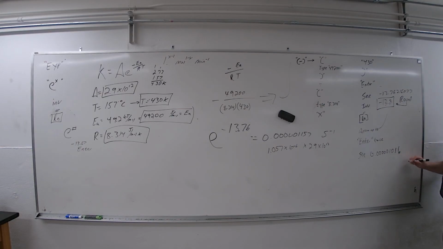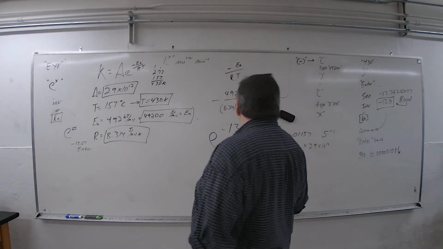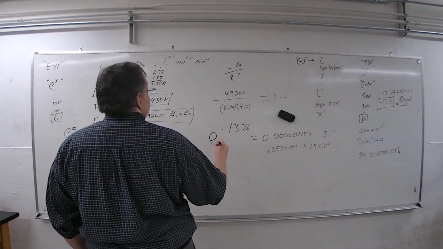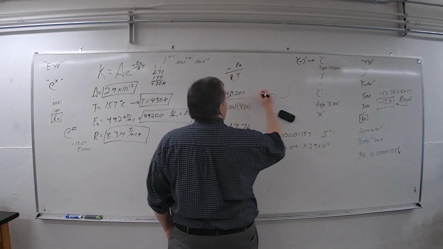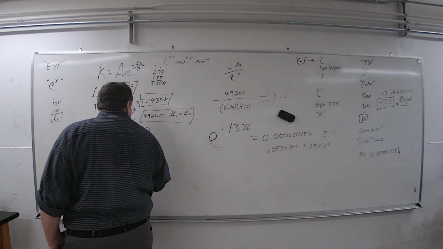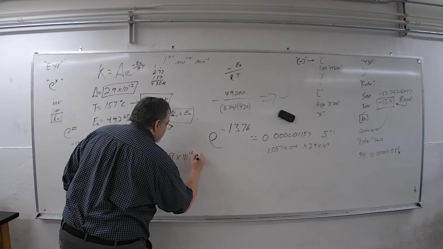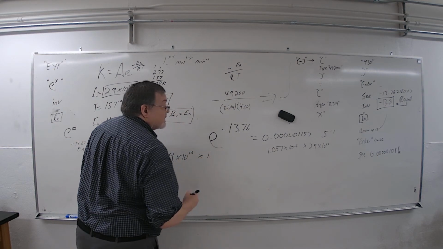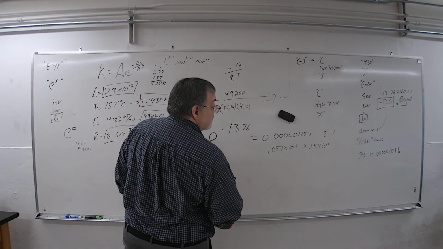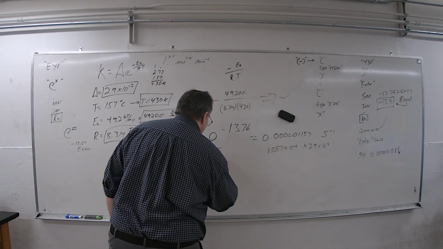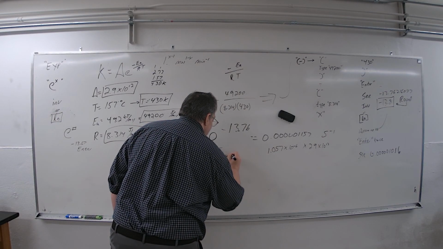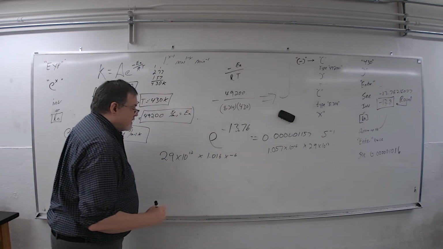If you multiply this, so we're multiplying, what's in space here? 2.9 times 10 to the 12 times 1.016 times 10 to the negative 6.